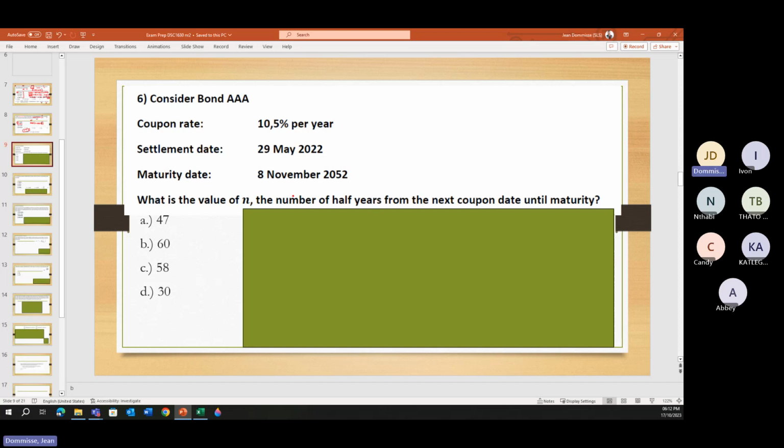In this instance, they ask you to work out the value of N, the number of half years from the next coupon date until maturity. And they nearly give you the two dates.